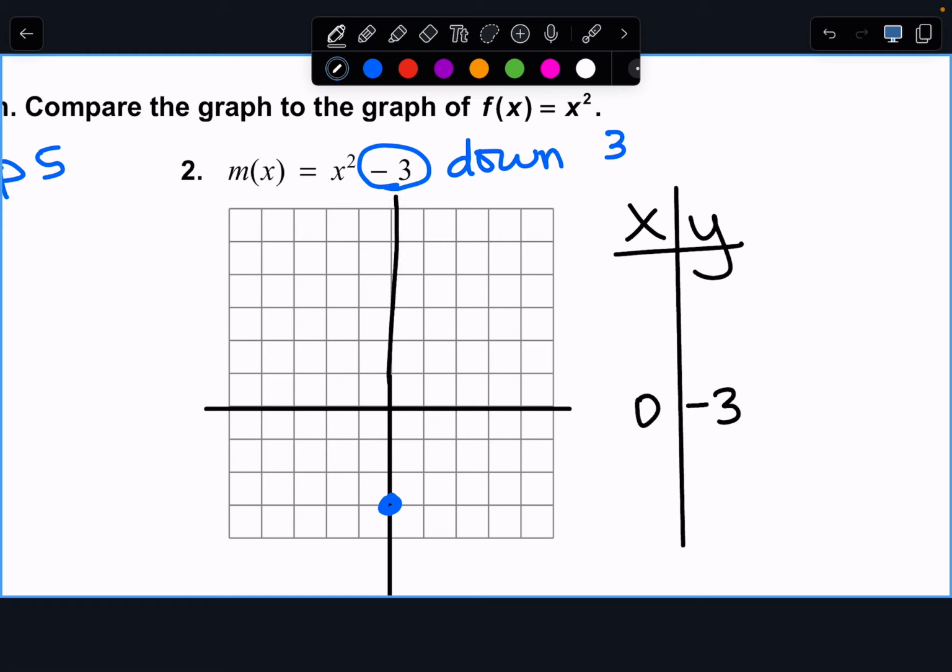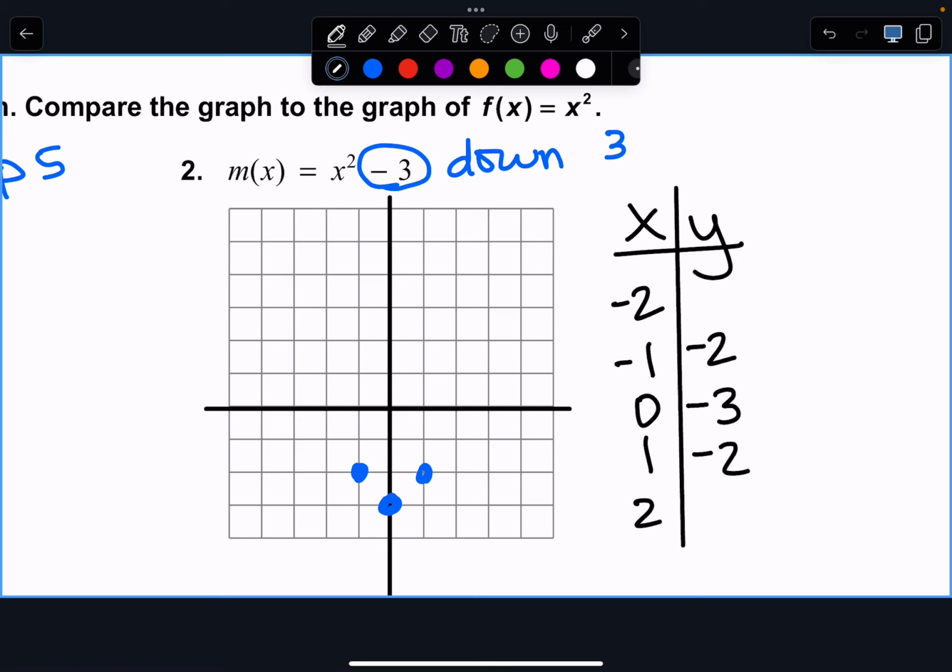If I plug in -1 and 1, what is our y coordinate? -2. And what about if I plug in -2 and 2? Oh, that is a beautiful parabola.